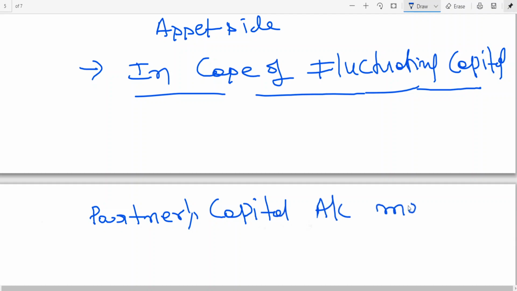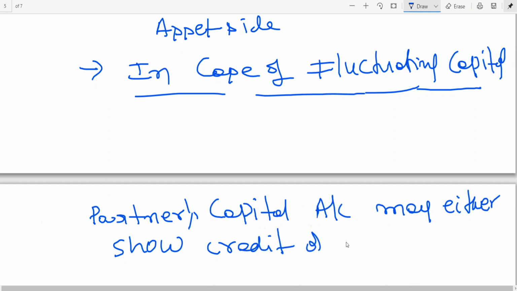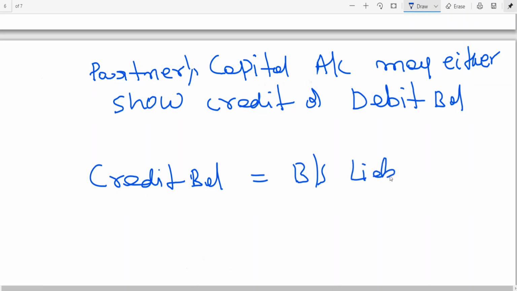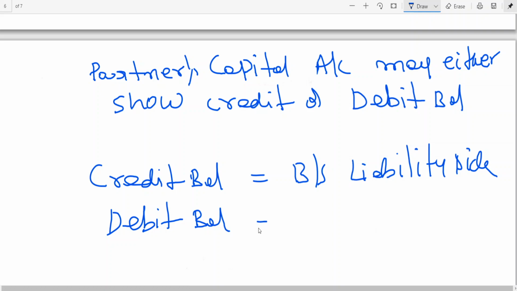Partner's capital account may show either credit or debit balance. Okay. Balance sheet, liability side. Debit balance indicates amount due from partners, balance sheet, asset side. I think with this, the most important basics have been covered.